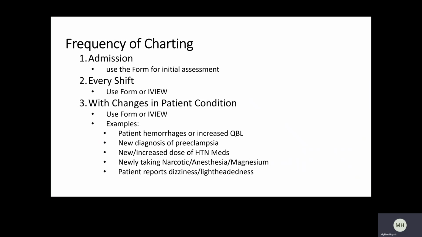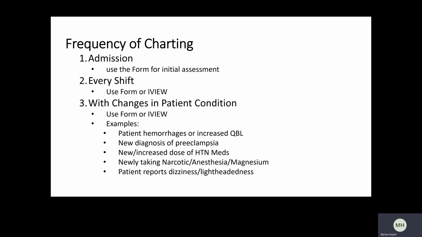If the patient's condition changes, again, you can use the form or iView. Either is fine. Some examples: the patient hemorrhages, you would do a new falls risk assessment. She has a new diagnosis, falls risk assessment. She gets a change in meds, new meds. That's when you would do that again, falls risk assessment.